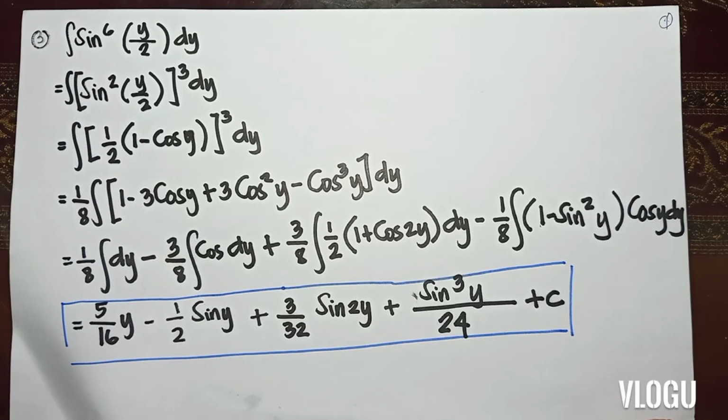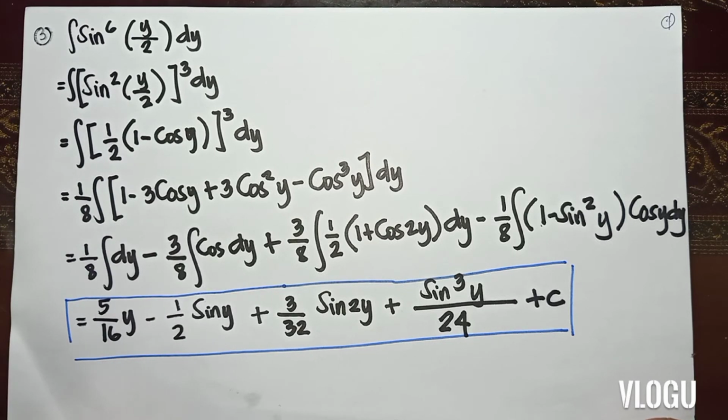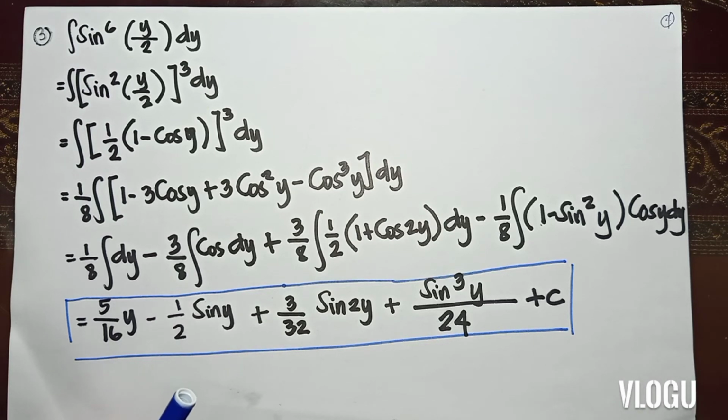Okay, the next example, we have number 3, the integral of sine to the 6 y over 2 dy. For the rule for an even exponent, what we're going to do if we will have an even exponent. It states that if m or n is an even integer, use identities.